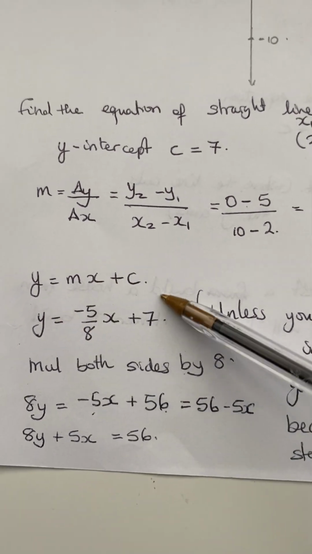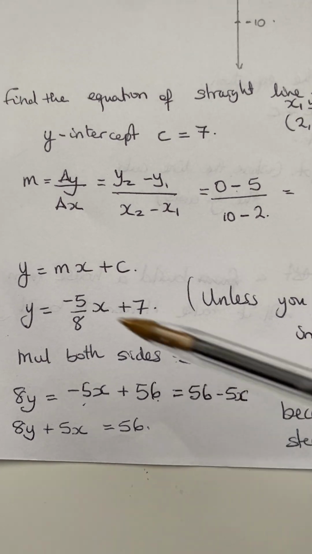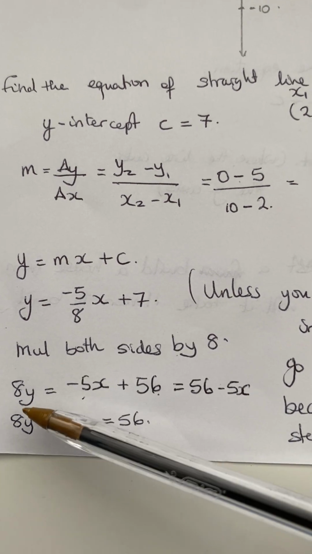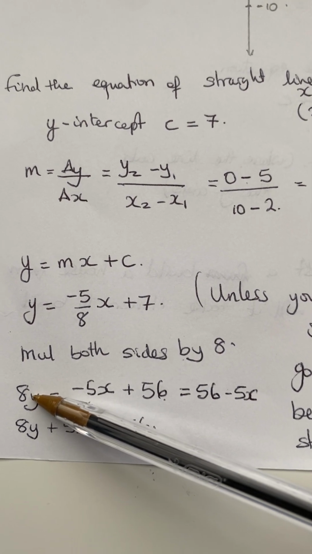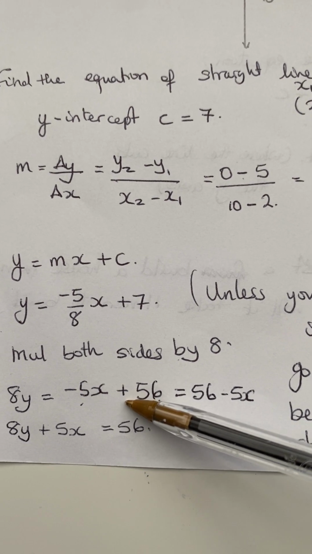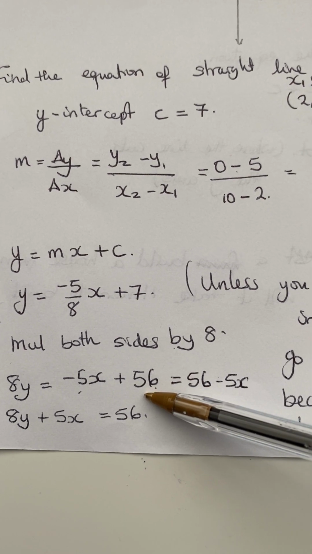This is the equation of the line. But we can also go further, multiply both sides by 8. So if we do that, we have 8y equals minus 5x plus 56, because 7 times 8 is 56.